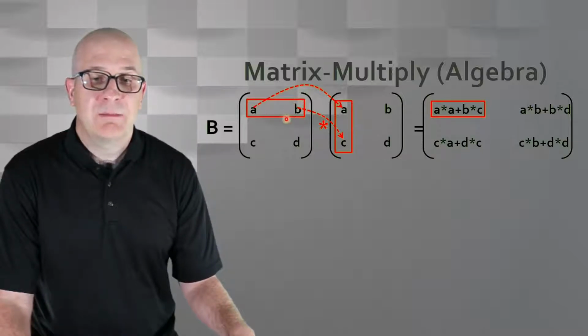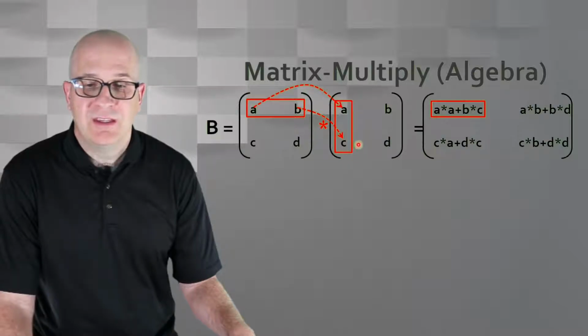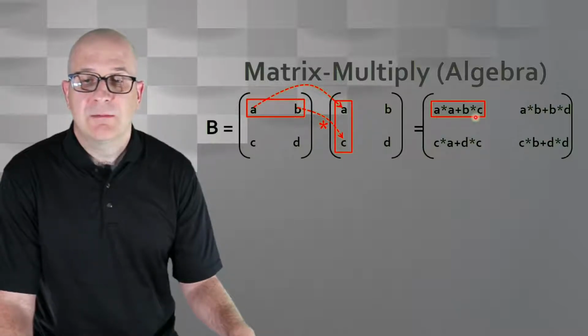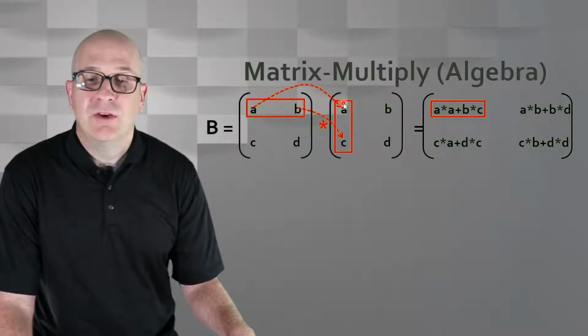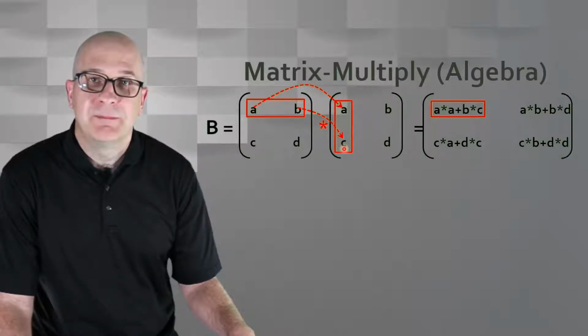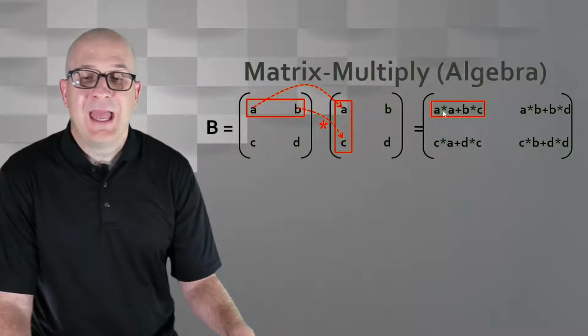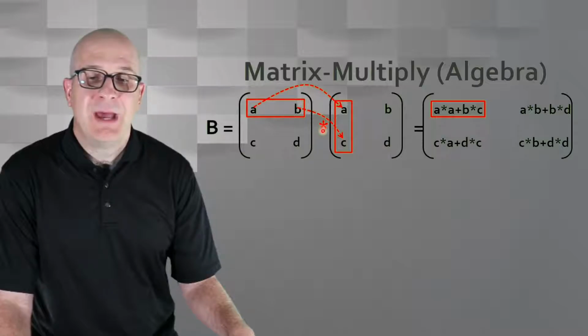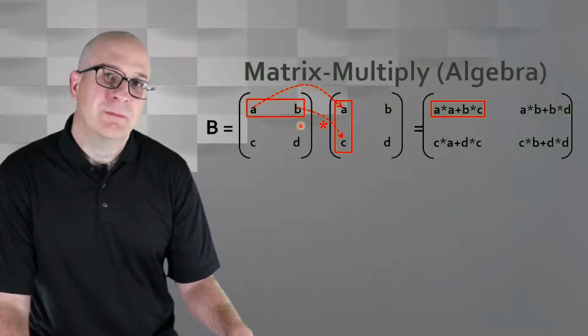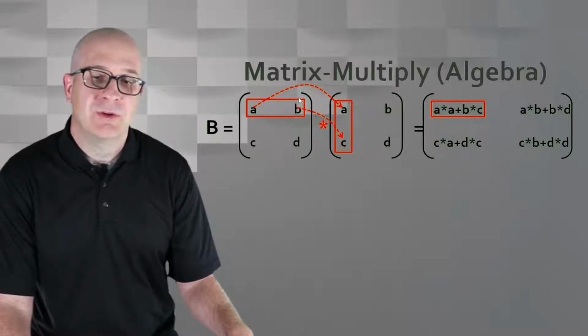We then take B right here, and we multiply it by C down here to get B times C. And when we do this dot product, so we take this row and dot product with this column, what we get is A times A plus B times C. And just to highlight this, in MATLAB, that's the asterisk symbol. So that's what the asterisk symbol is doing.